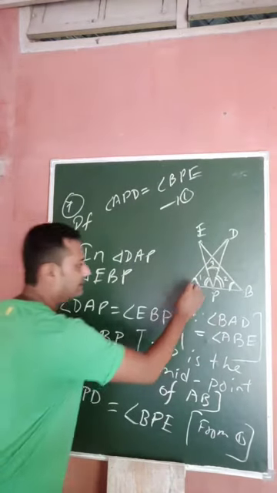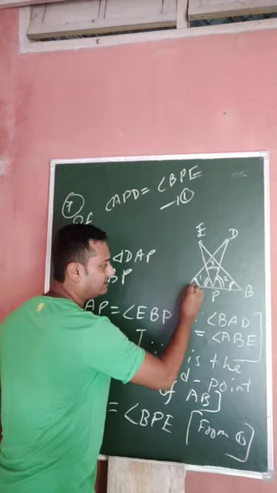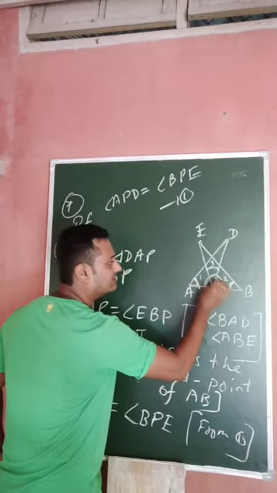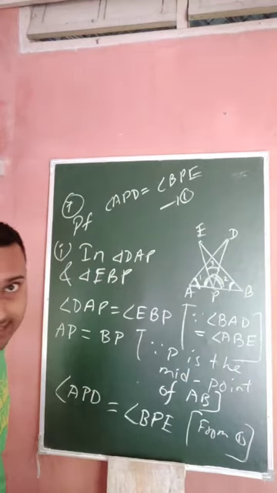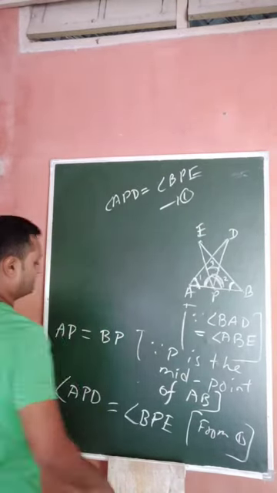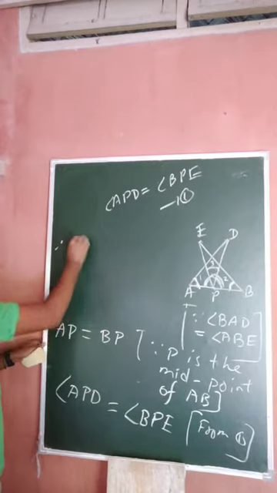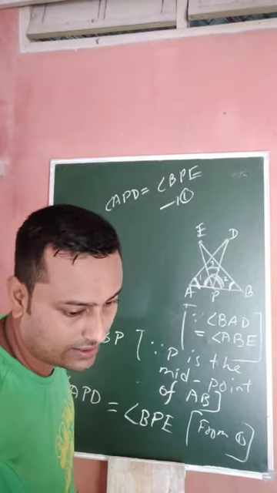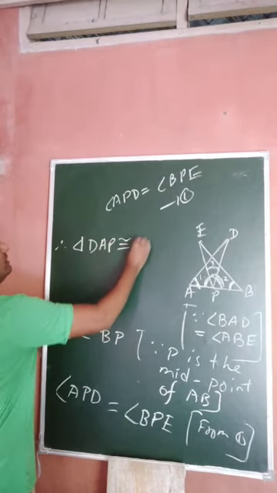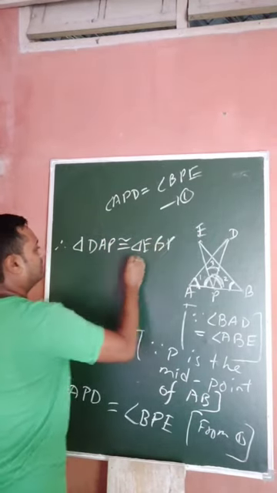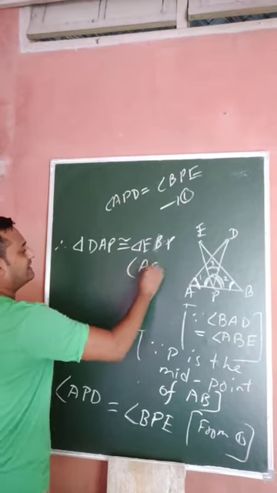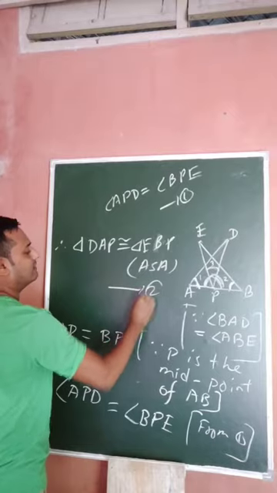So ultimately this angle is equal to this angle, this side equal to this side, and this angle is equal to this angle. That means ASA you can apply here. So therefore triangle DAP is congruent to triangle EBP. Within bracket you just write ASA, and call it number 2.